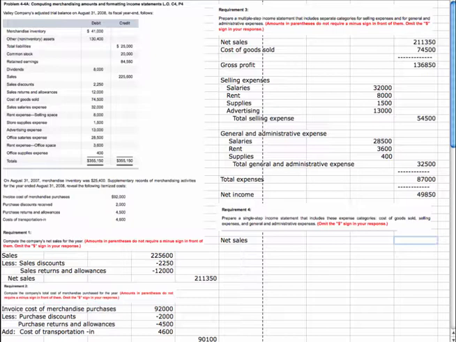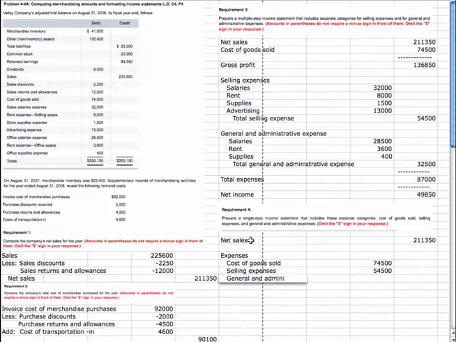Our net sales was $211,350 minus our expenses, and we could have said cost of goods sold, and cost of goods sold, if I look up there, is $74,500, minus my selling expenses of $54,500, my general and administrative, which is $32,500.